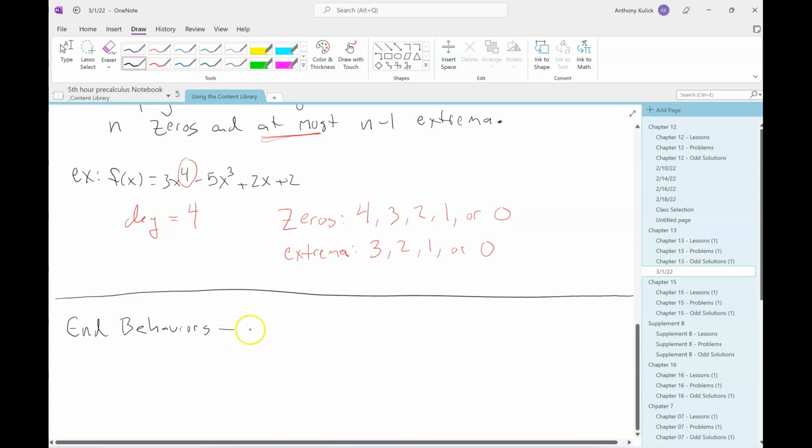And remember, the end behavior describes what the arrows on a graph are doing.